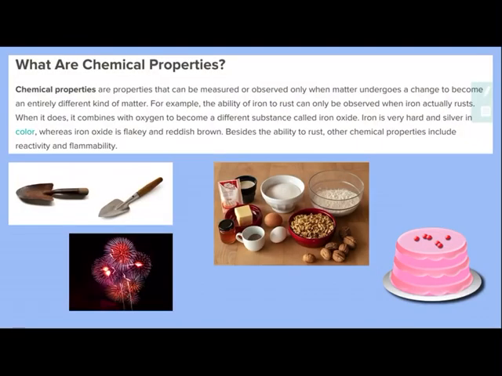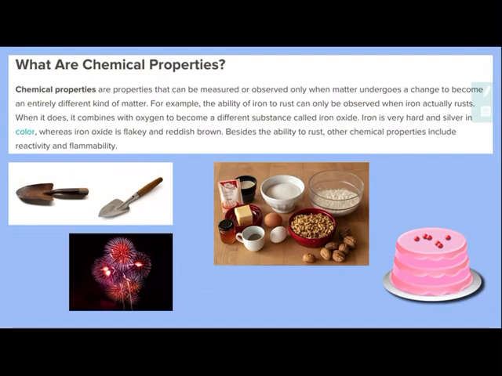Okay, so now we have chemical properties, which are much different than physical properties. Because when we're talking about chemical properties, we're talking about chemical changes. And chemical changes mean that you are turning one substance into something else entirely. So these are properties that can be measured or observed only when matter undergoes a change to become an entirely different kind of matter.